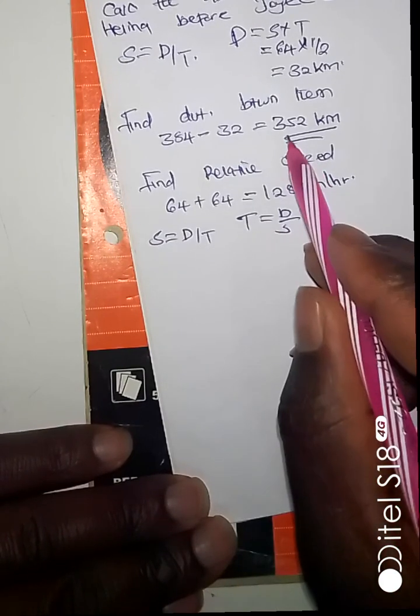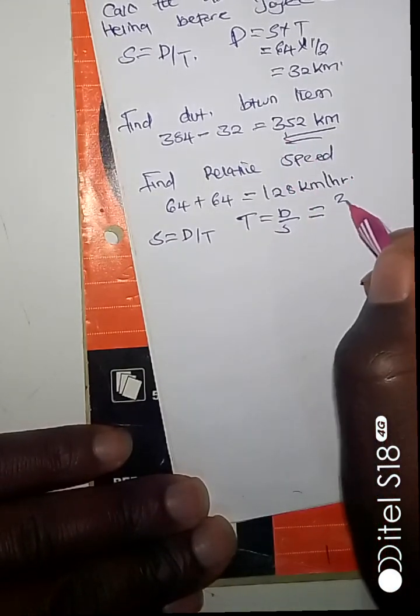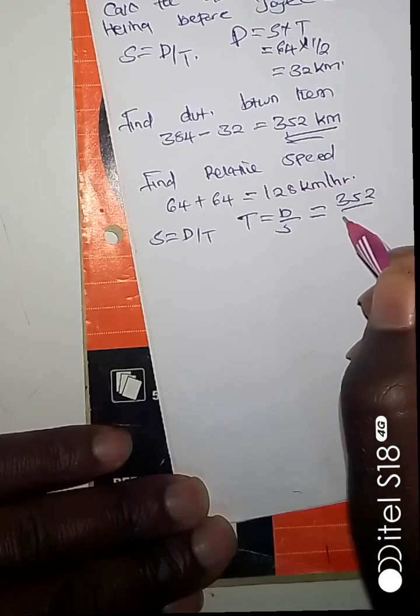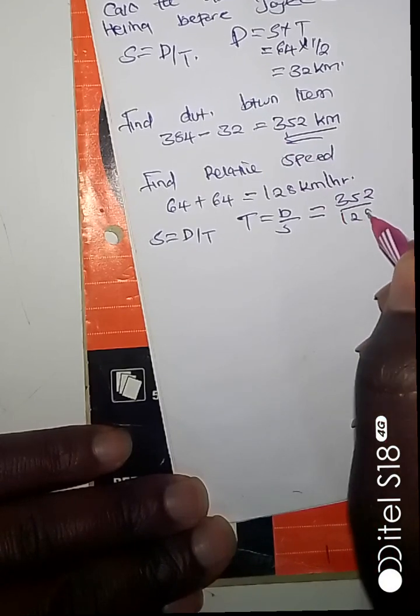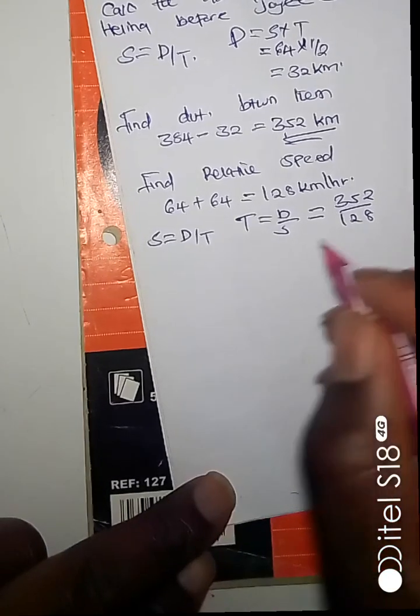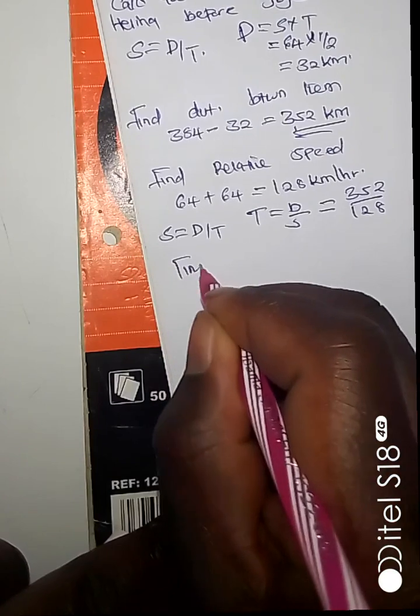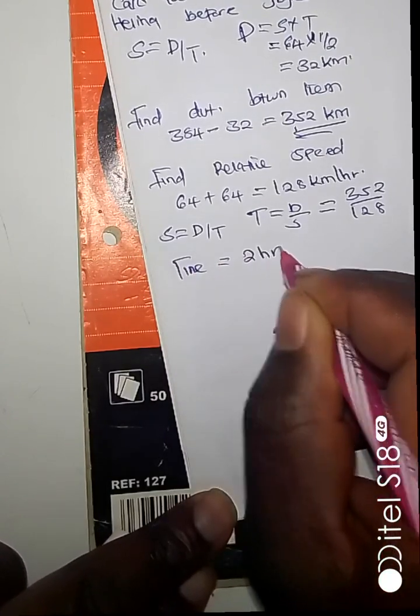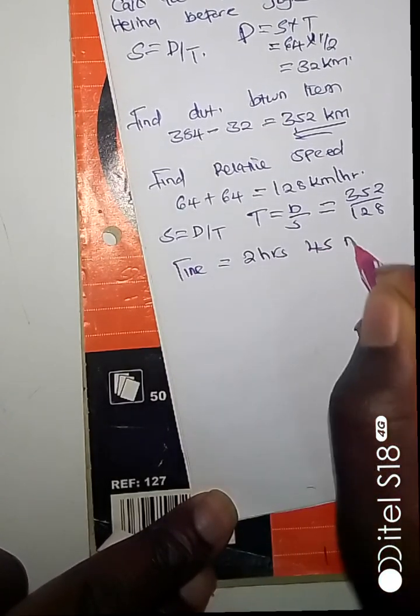Now the distance between them, 352, over the relative speed, 128. Now it is 352 divided by 128. It is 2.75, so time is equal to 2 hours 45 minutes.